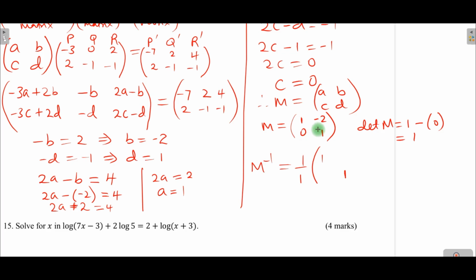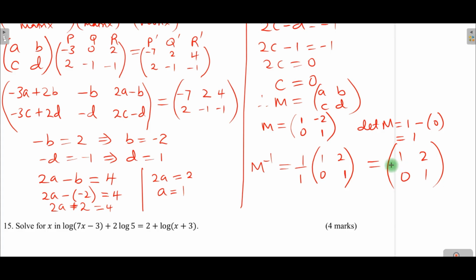Then reverse the sign in the other diagonal, so we have 0, and minus 2 will be positive 2. And therefore, now we have 1, 2, 0, 1. So this is the transformation matrix that will map the object back to its original position.